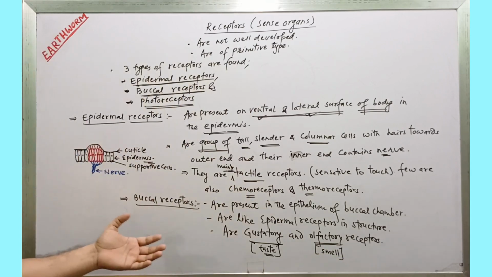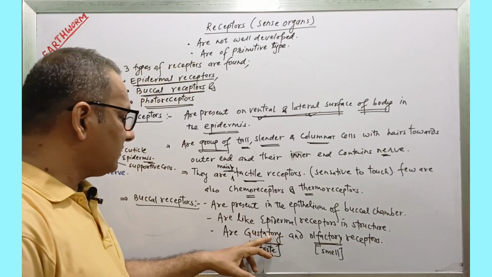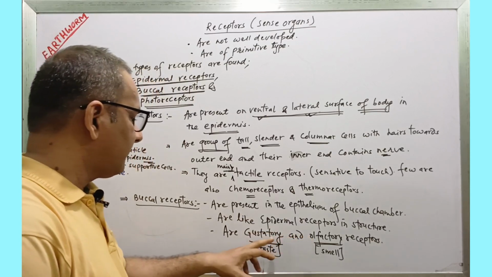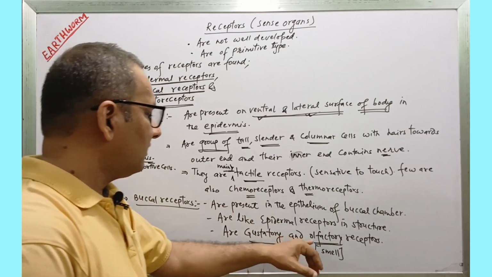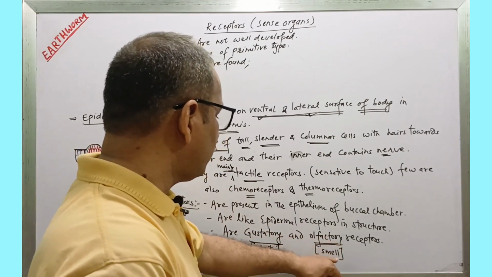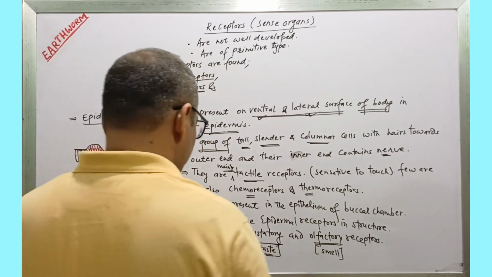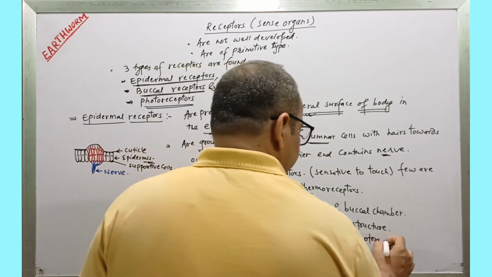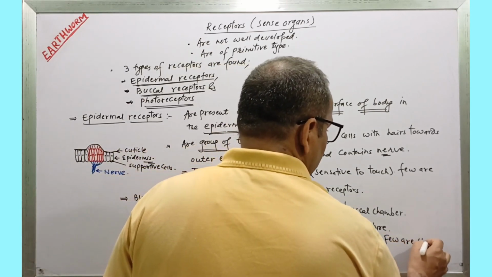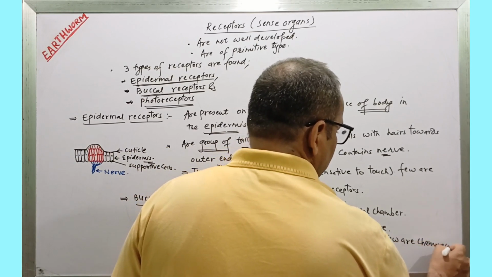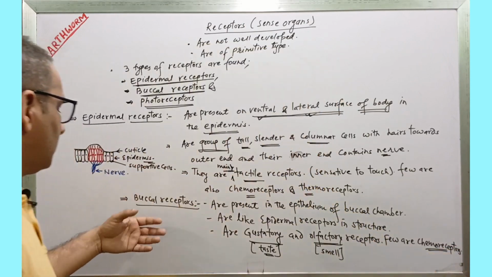So the epithelium of the buccal chamber has gustatoreceptors and olfactoreceptors. Gustatory receptors detect the taste, and olfactory receptors detect the smell. Few chemoreceptors are also present. So, this is about the buccal receptors.